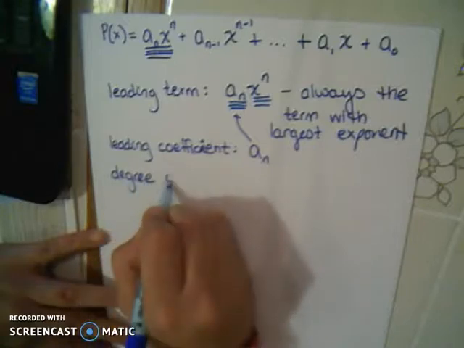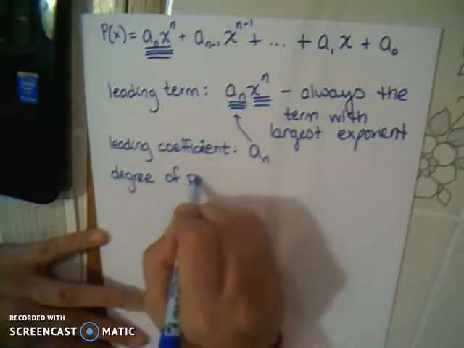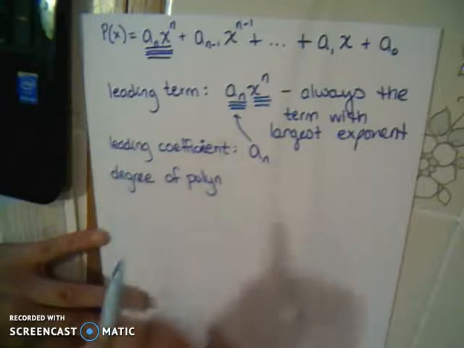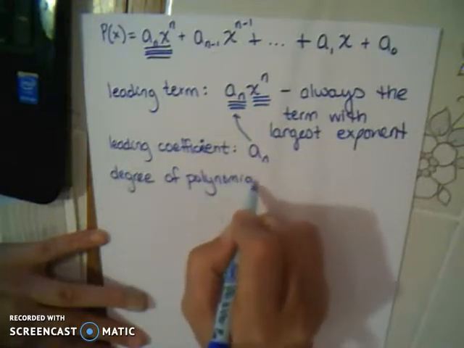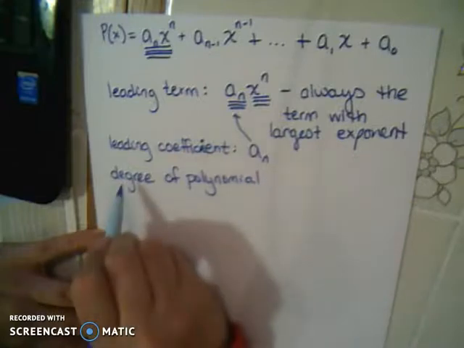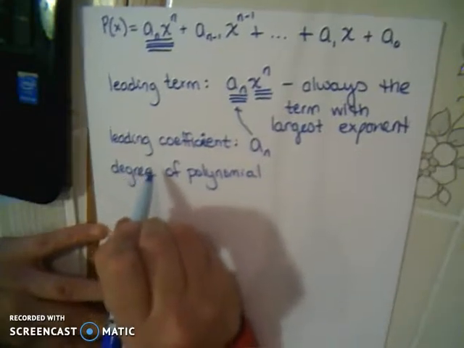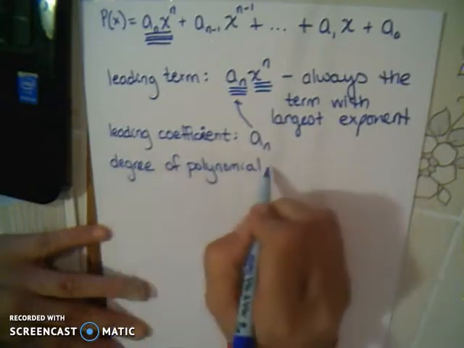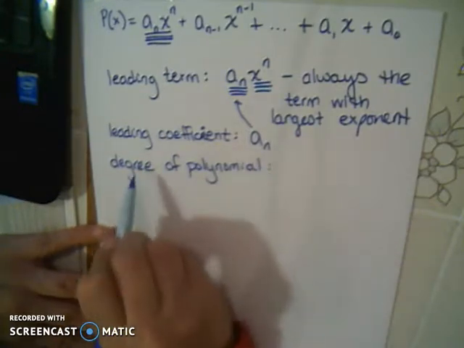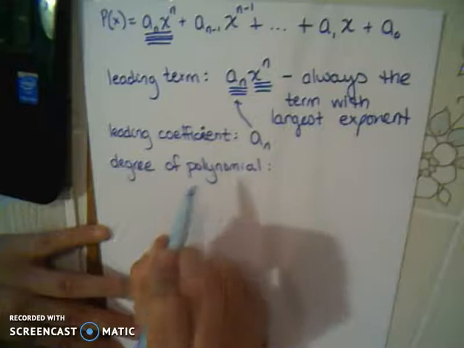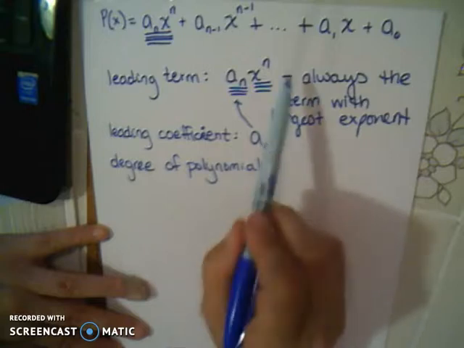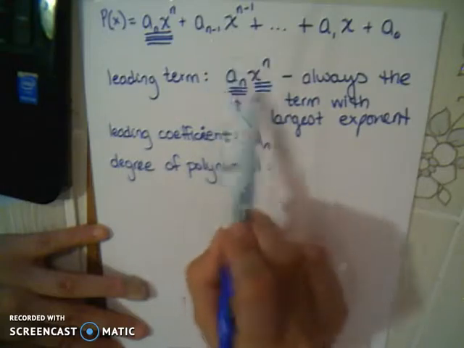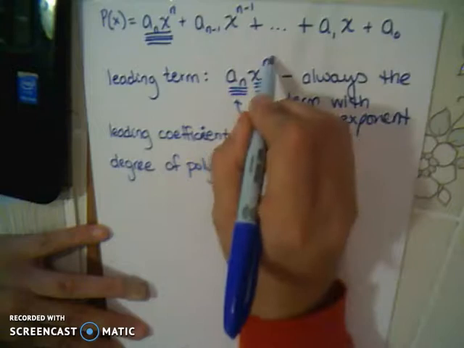It's one answer for the whole polynomial, even though we see several different exponents in there. A lot of times we think of degree and exponent as being the same thing, and they are very similar concepts. But when you talk about the degree of a polynomial, it's always referring to the largest exponent in the polynomial. And if we have that leading term written right there in the front, again, it's going to come from there.